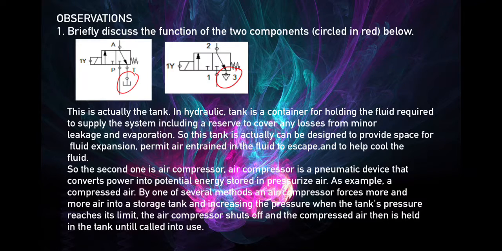An air compressor forces more and more air into a storage tank, increasing the pressure. When the tank's pressure reaches its limit, the air compressor shuts off, and the compressed air is then held in the tank until called into use.